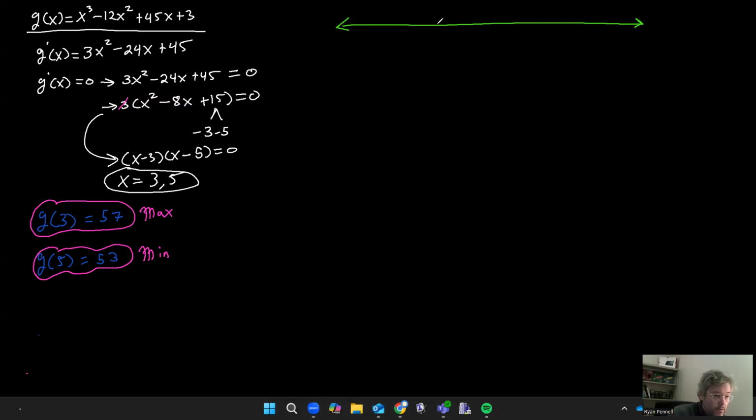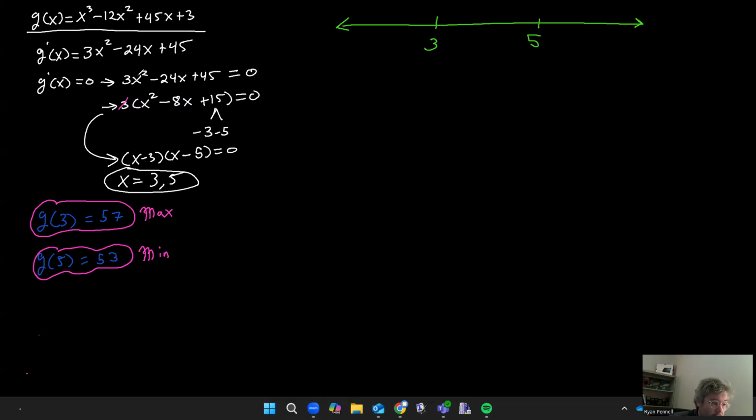So I know the derivative goes to 0 at 3, and I know it goes to 0 at 5. So I'm just curious, where was it before 3? Where is it in between? And what was going on after 5. And that would tell me where it's increasing or decreasing.